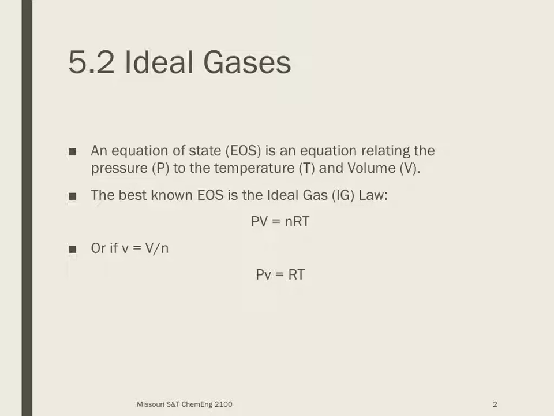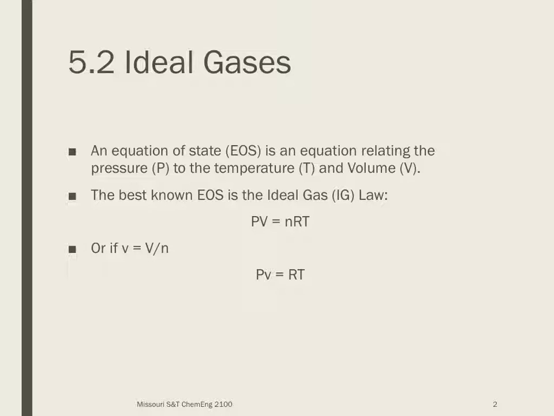Frequently, we're going to choose to work with specific volume, which is volume per number of moles. And in that case, the equation becomes P times specific volume equals RT. And the advantage here is that we don't have to deal with the actual number of moles.